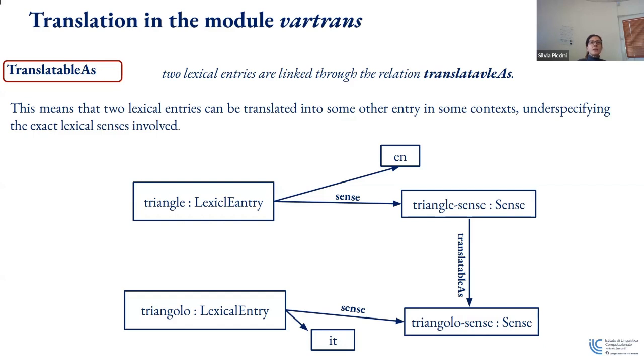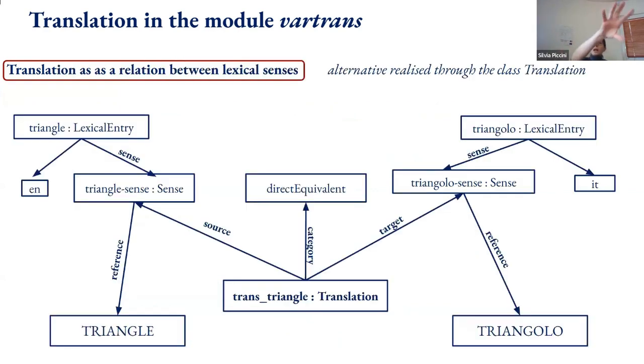That's why I started with this and then went back, because this is the simplest; it is the way we are used to thinking about translation, as a relation between two senses in two different languages. However, if you want to say something about this translation, the author, the reliability, etc., you have to transform this relation into a class, and so you have to use this other kind of modelization.